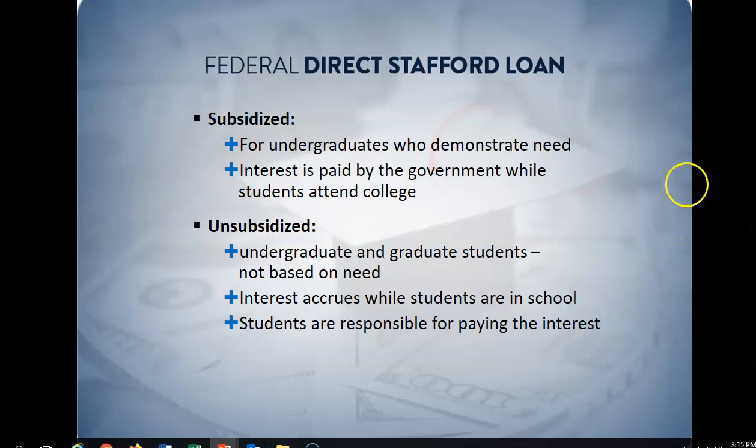Some families choose to pay the interest while the student's in school. It gives them an opportunity not to have that interest rolled into interest bearing numbers. So that's something that you may want to consider, and more information will be available to you as you go through the process about that.